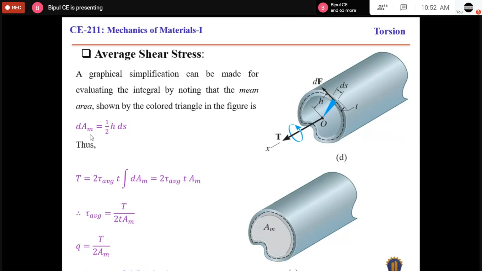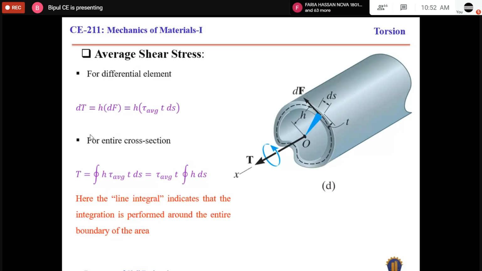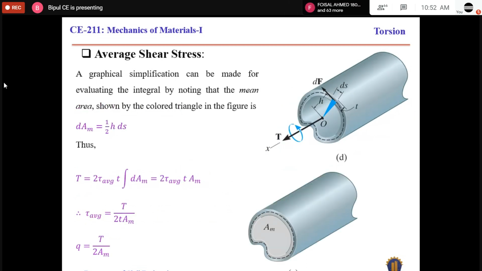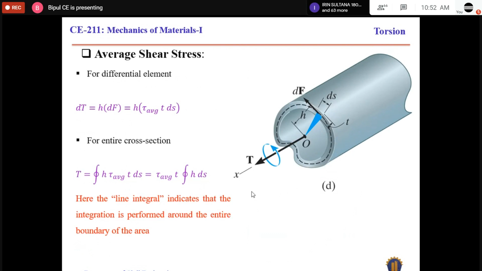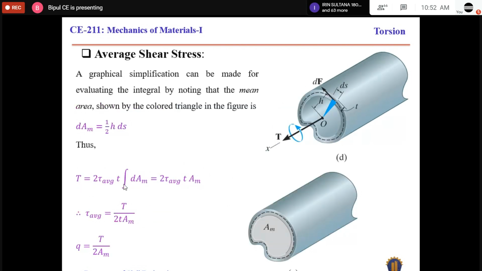So h ds will be 2 times dAm, and if we substitute this in this expression, then the equation of torque will be this one.